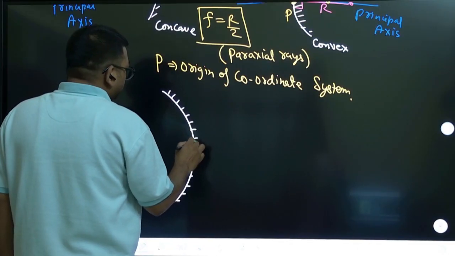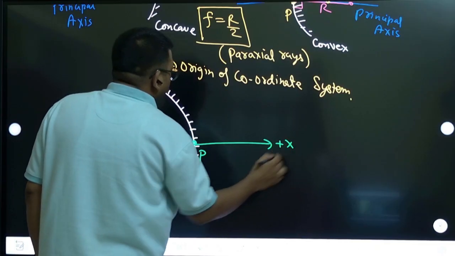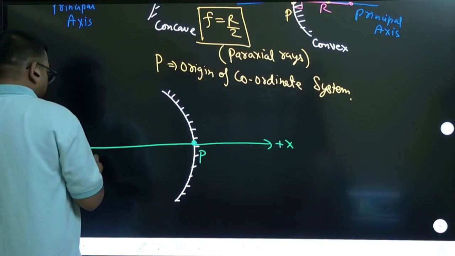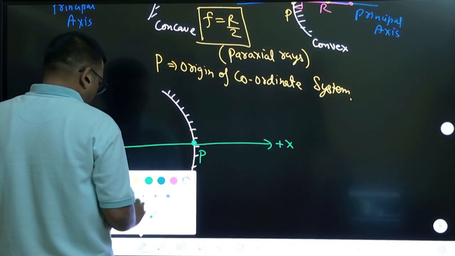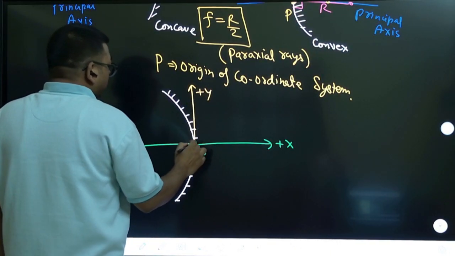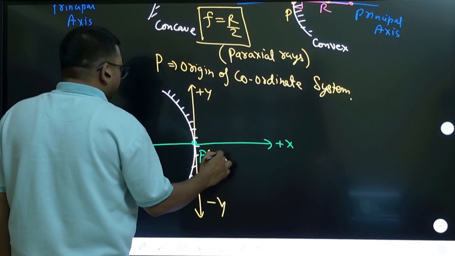This is the pole. This direction is plus x-axis, and this direction is minus x-axis. Above is plus y-axis, below is minus y-axis. So the pole is 0, 0.